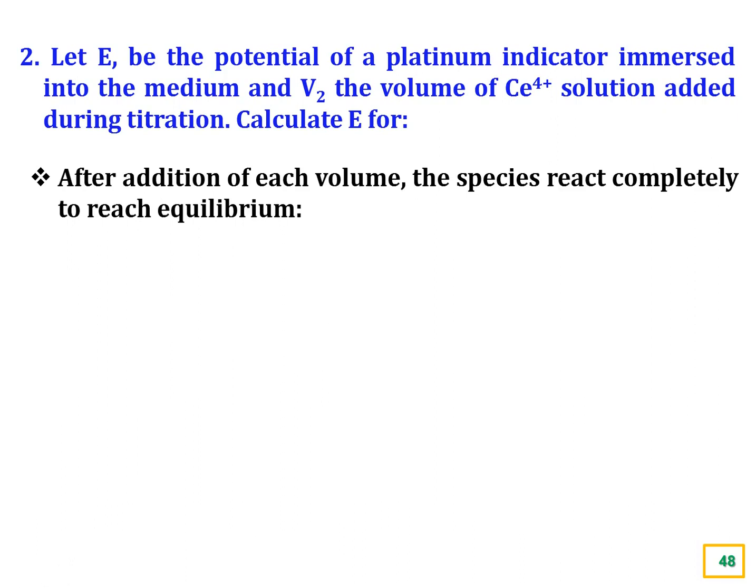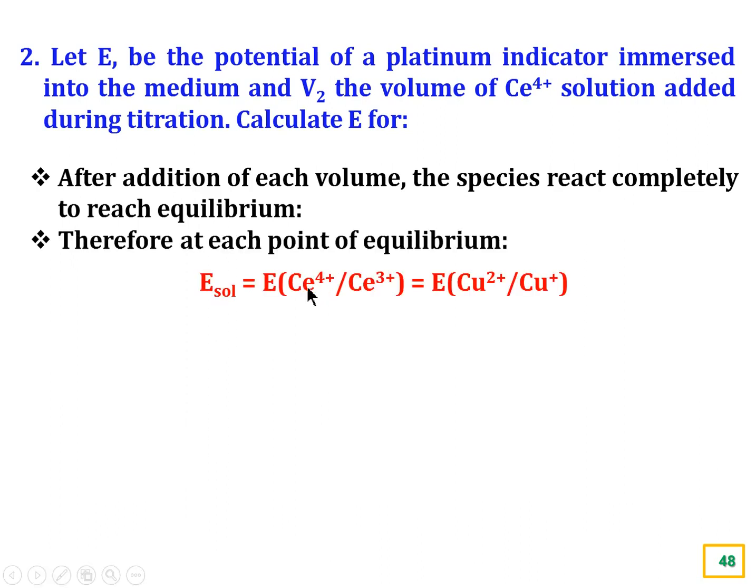After addition of cerium 4+ from the burette, it will react completely with the Cu+ present in the solution. So the reaction will reach equilibrium, and at equilibrium, E of the reaction is equal to 0. E of the system, E of the solution, is equal to E of the couples.